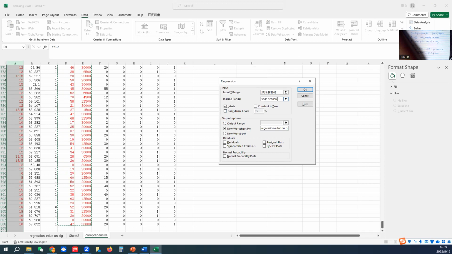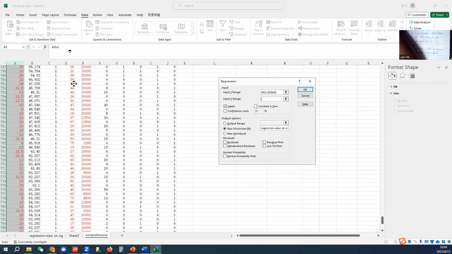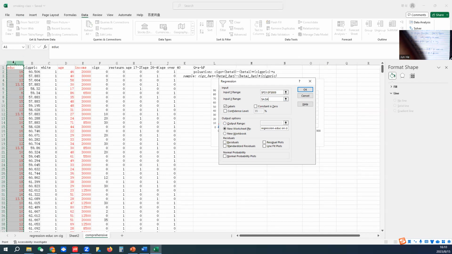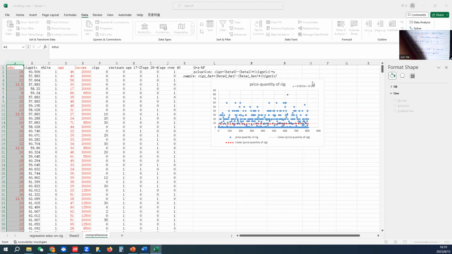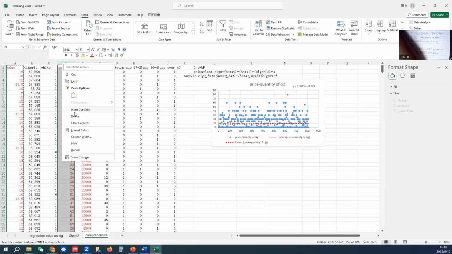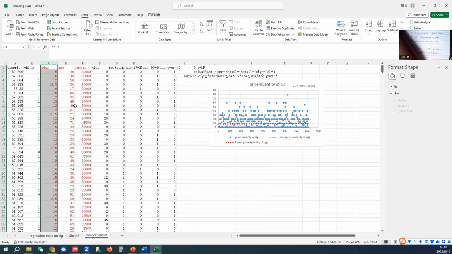So see, you can only include columns that are next to each other. So what we are supposed to do here is, let's just forget about this for a while. We need to first move all the columns that you are to work on to be adjacent to each other, next to each other.